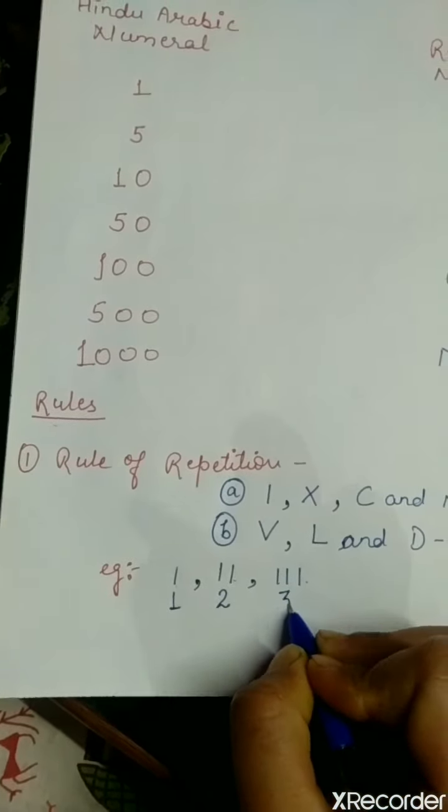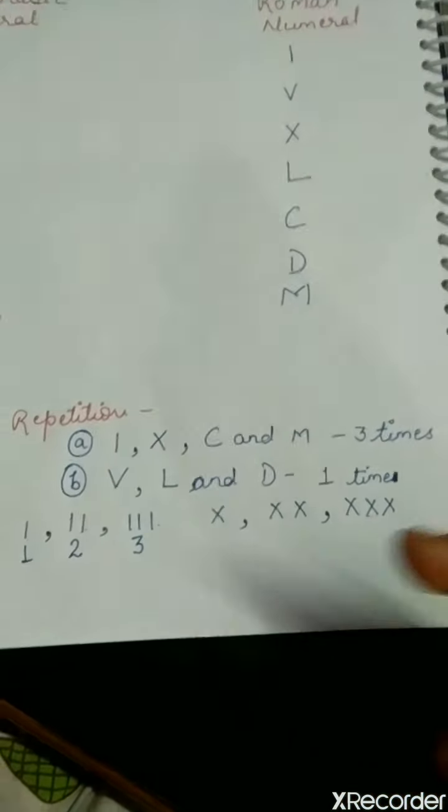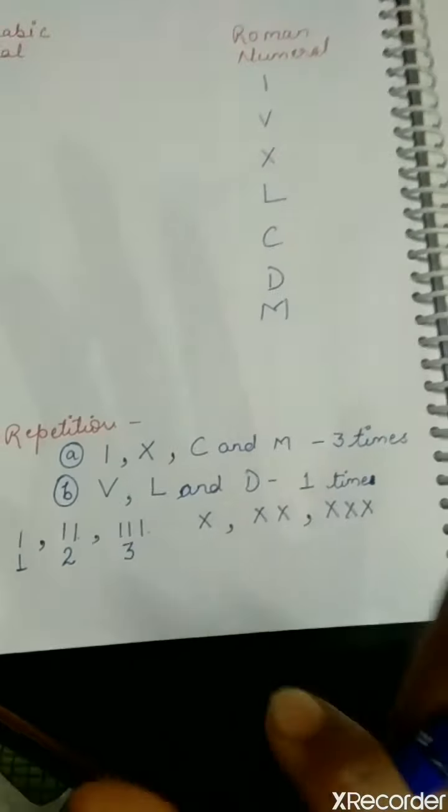In the same way we can write X, XX, XXX. 3 times we can write, not more than 3 times. So X means 10, XX means 20, and XXX means 30.